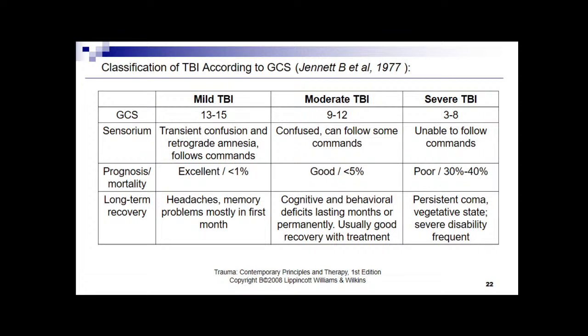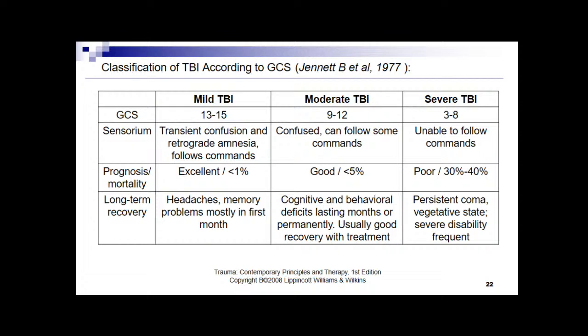If the clinical state is moderate traumatic brain injury, from 12 to 9 points according to the Glasgow Coma Scale, the patient is confused and can follow some commands. Prognosis is good enough for renewal of neurologic functions, but mortality is near 5%.